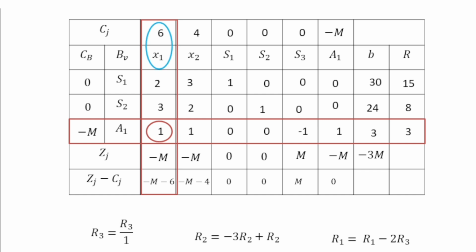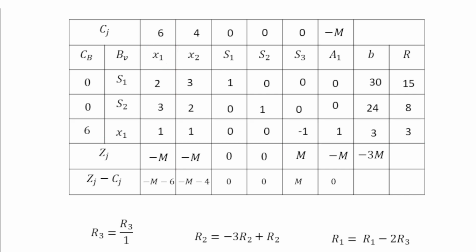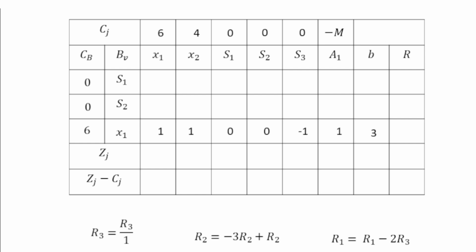Okay, and while doing that, 6 and x1 is going to replace, because we are talking about the active column, minus M x1, because we have to rewrite the new table now. Do we get it now? So let's see. That's been replaced, and let's see what we can do with the filling up. I've replaced these two, and I want to fill in my values based on the parameters I have.